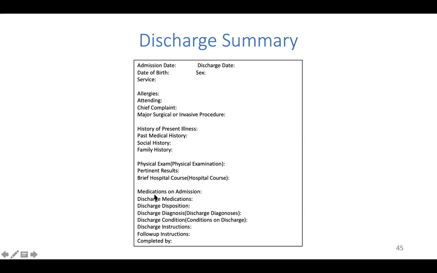And then there is some medication-related information, like medications at admission, medications at discharge. These discharge medications, this information will be tied to the prescriptions table among the MIMIC tables. And discharge diagnosis will also be tied to the diagnosis table among the MIMIC tables.